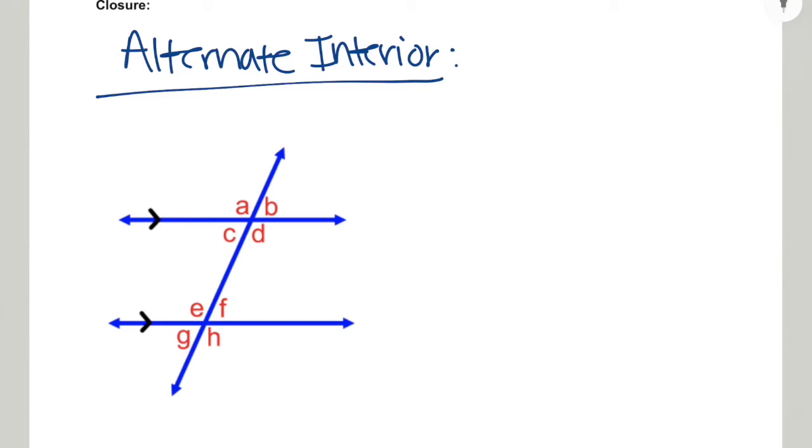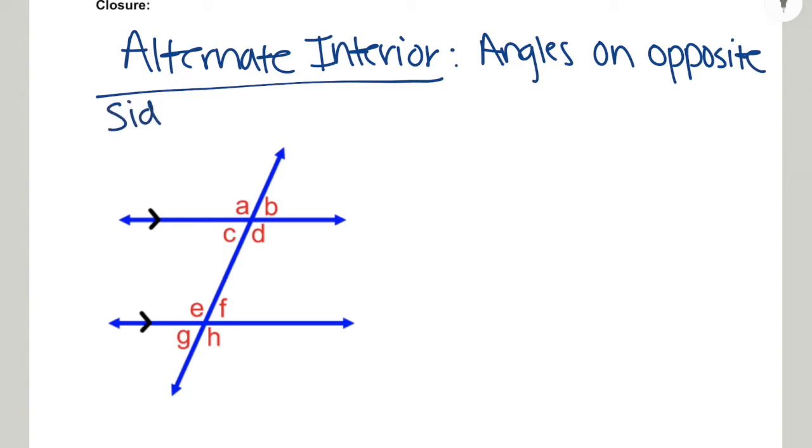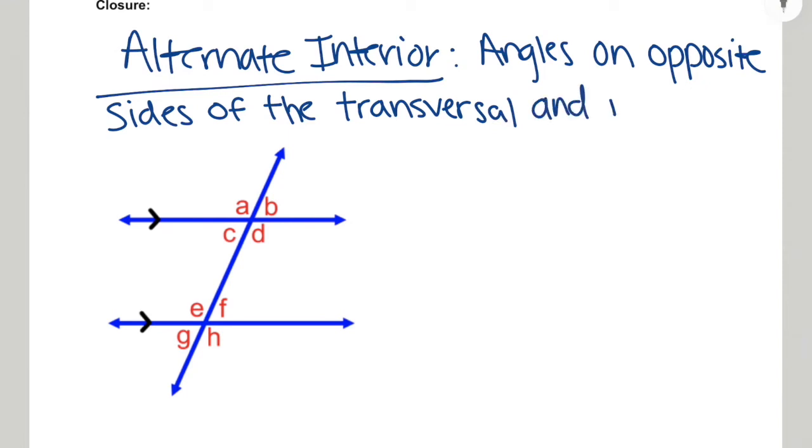So alternate interior angles are angles on opposite sides of the transversal and inside parallel lines.